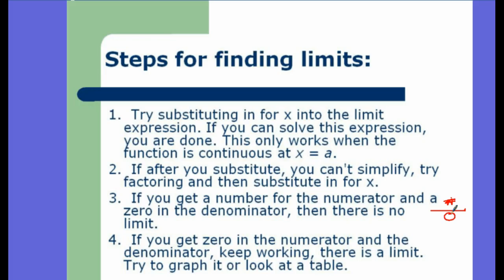A 0 over 0 is what we call the indeterminate form, and that's when we're going to continue to try to simplify. So 0 over 0 tells you to keep working. There is a limit. There is a way to simplify.